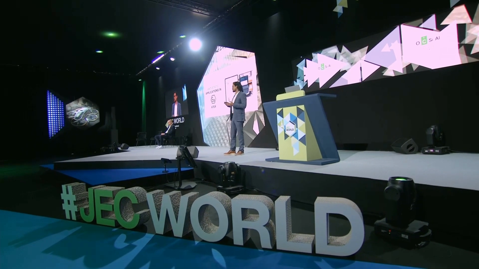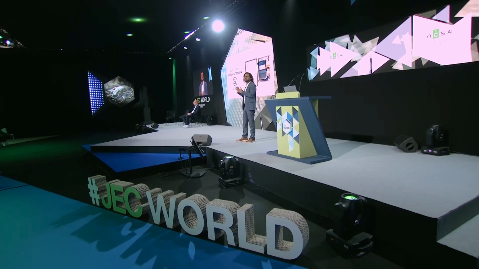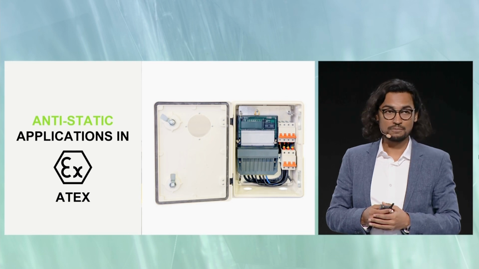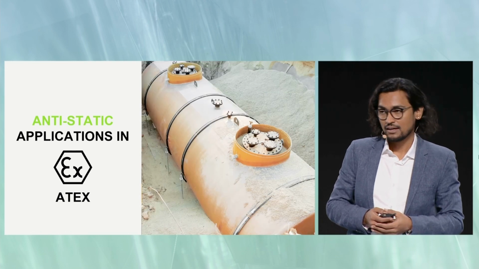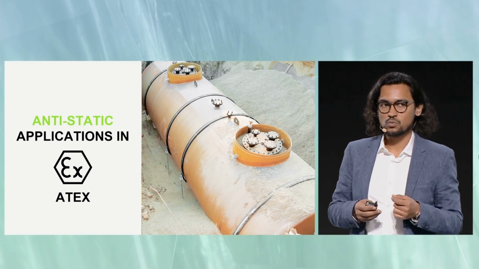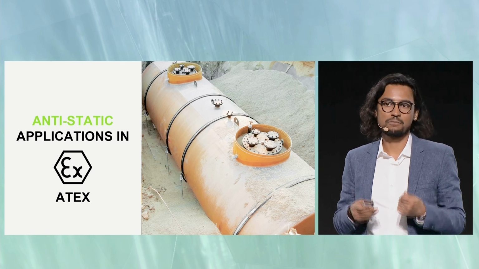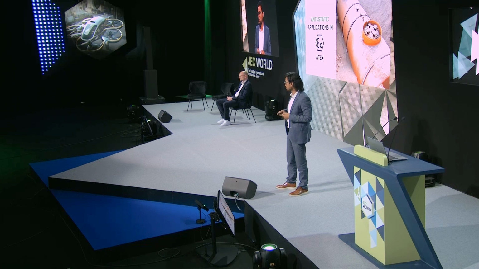The sheet molded compounds, SMCs or BMCs, which are then used in things like junction boxes that you see here. It's important to mention here, and quite a unique advantage, that you can have colorful and bright junction boxes that are easy to see by visual means.